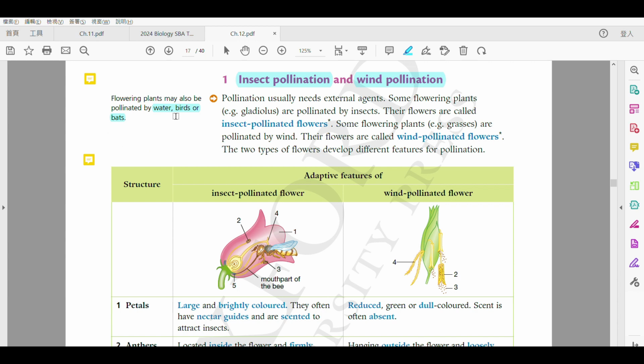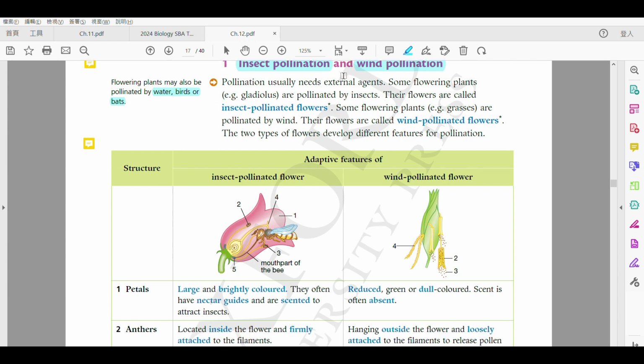得唔得? 或者我哋講 agents 啦。And then when we talk about the pollination, some of them need external agents. Okay, so we may call these the medium, 或者 media 啦，係一個媒介啦、媒體啦。Or we can also call them the agents. Alright, agents.